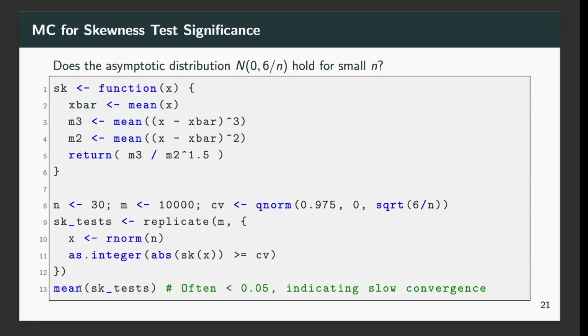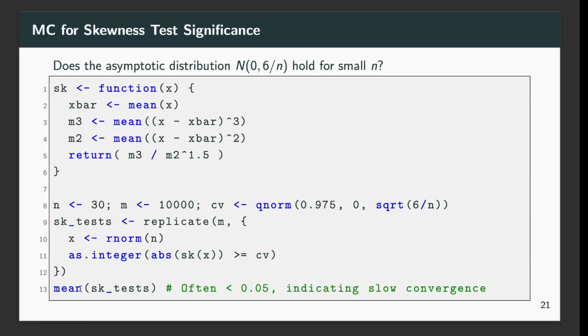This is a very important insight, because a test based on the asymptotic theory will have less power than it should theoretically, because the critical value can be too extreme.